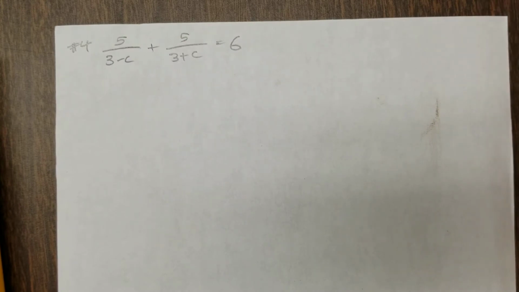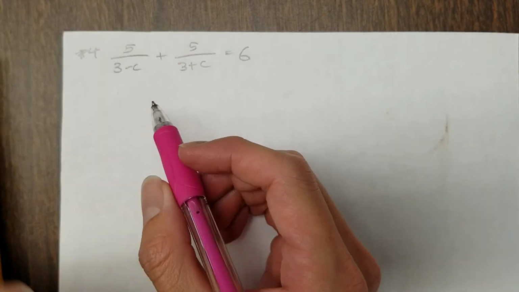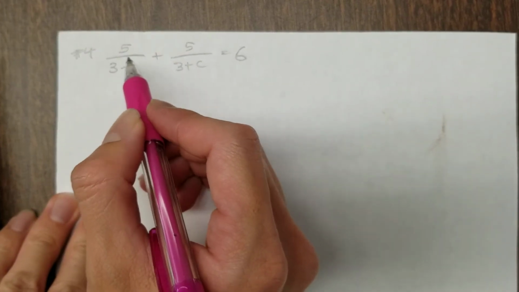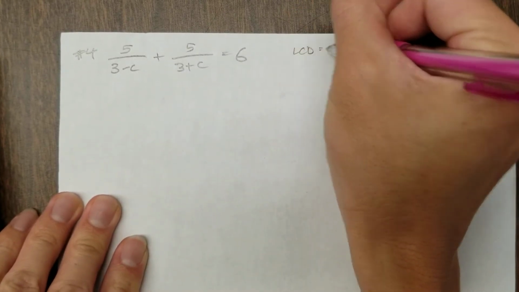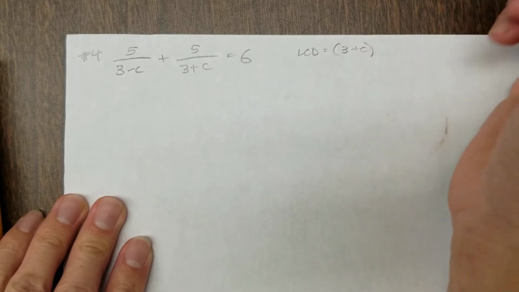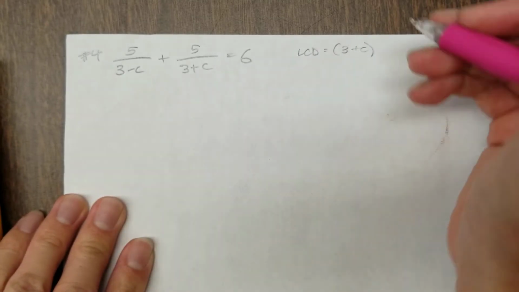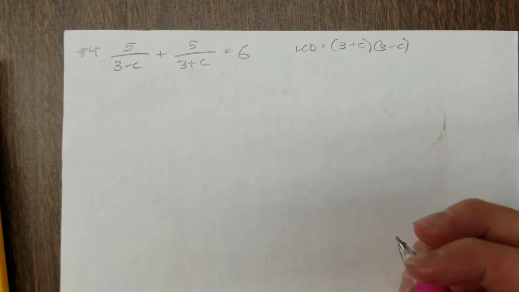What I see here is we need to find the least common denominator. If we find a least common denominator, what I see is this expression is missing a 3 plus c. So we know 3 plus c is in it. This expression is missing this one. So my least common denominator is going to be 3 plus c times 3 minus c.